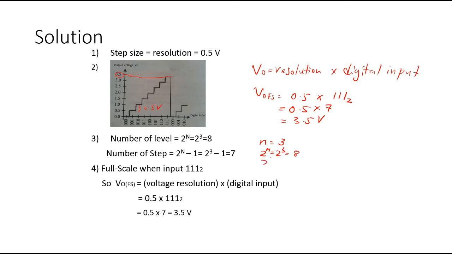Okay, and number of step minus 1 equal to 7. So, number of levels sama seperti the maximum numbers of step 2 power of N, and number of step 2 power of N minus 1 equal to 7. Okay, and then voltage full scale kita akan dapat 3.5 volts.